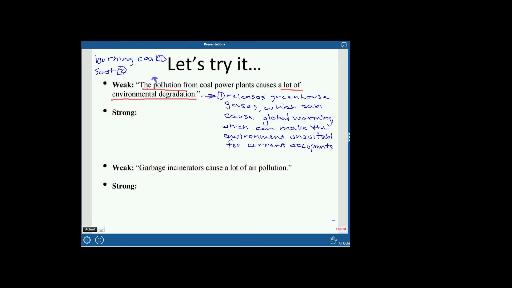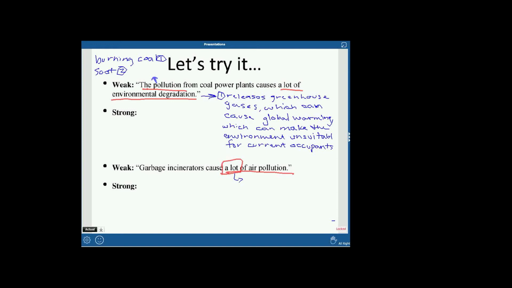But anyway, let's try this garbage incinerator question. So garbage incinerators cause a lot of air pollution. Okay, "a lot" is already a super vague phrase that people hate, and then you say air pollution. It's just a lot of air pollution. Like how, right? What is a garbage incinerator doing, right? It's burning.